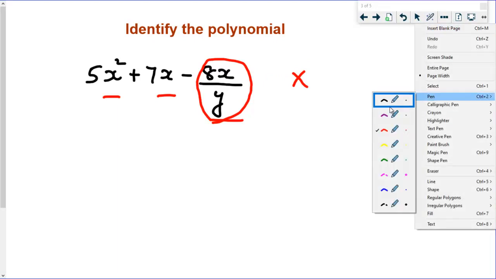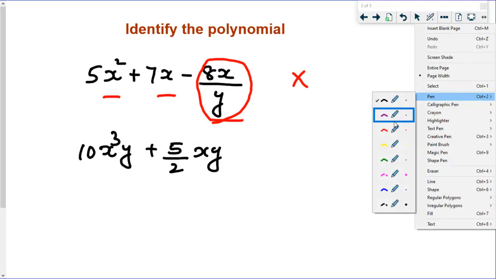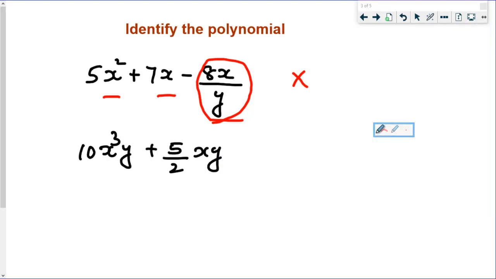We can see one more example. 10x cube y plus 5 by 2 xy. Now we can check the variables. For the first term it is x cube y, the second term xy.